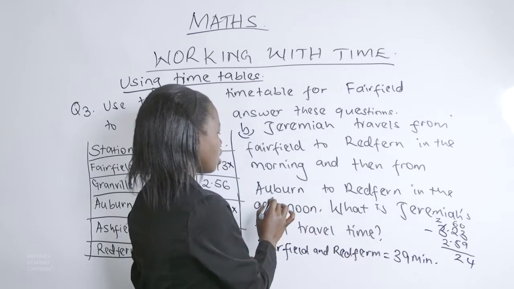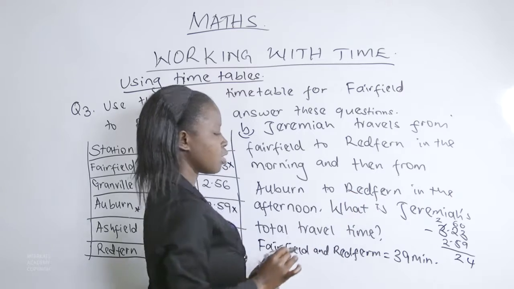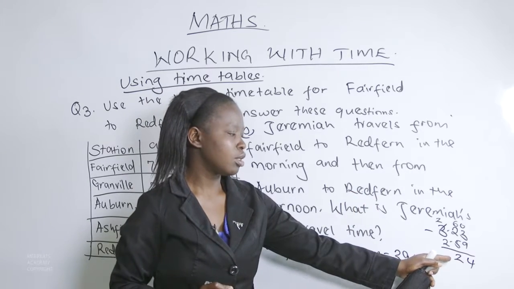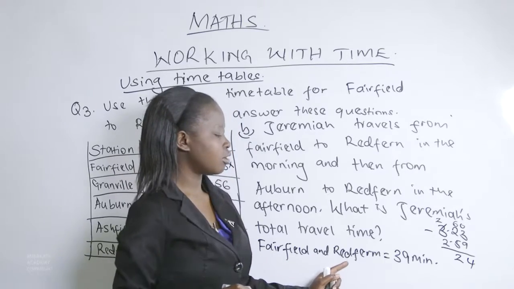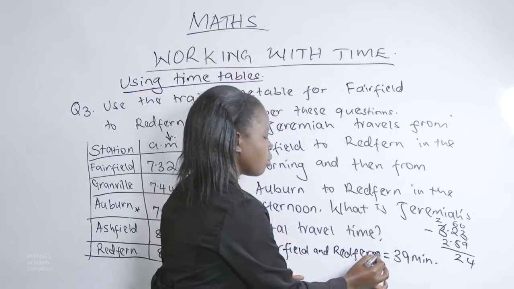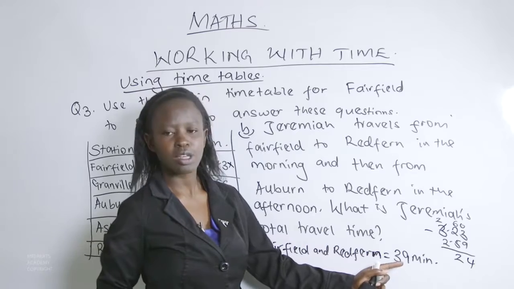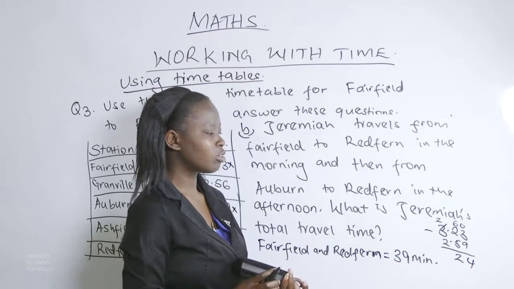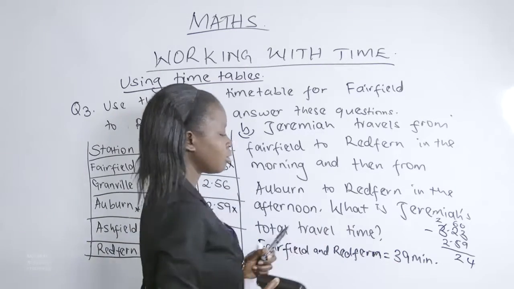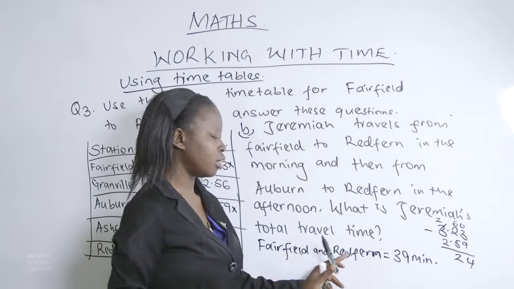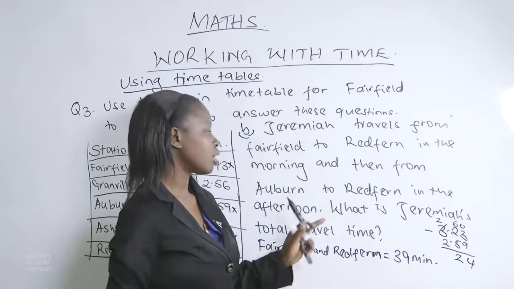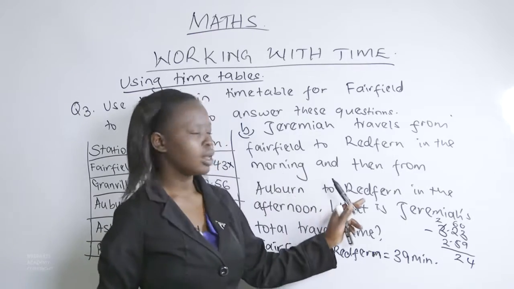So between Urban and Redfern in the afternoon, this train takes 24 minutes. Between Fairfield and Redfern in the morning, the train takes 39 minutes. So what is the total time taken? We'll simply add the time taken between Fairfield and Redfern and the time taken between Urban and Redfern.